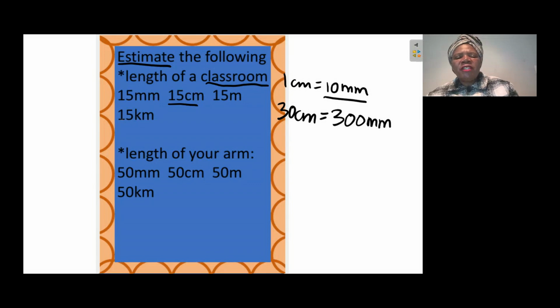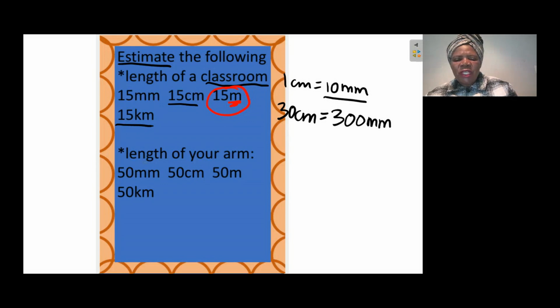Then 15 kilometers could be a walkable distance, but you will be very tired after 15 kilometers. So our correct answer here will be 15 meters. We can just estimate the length of the classroom to be around 15 meters.